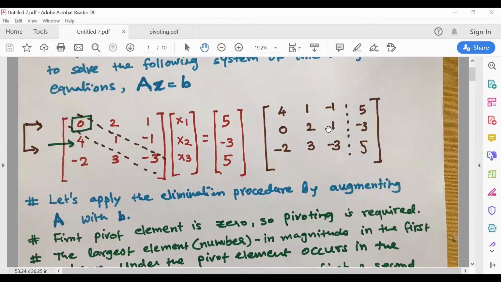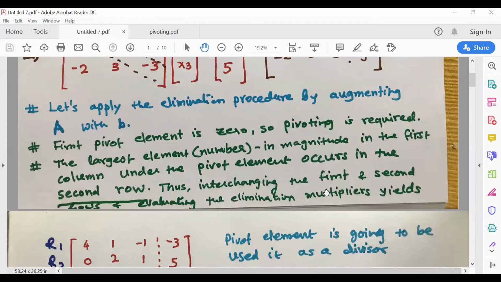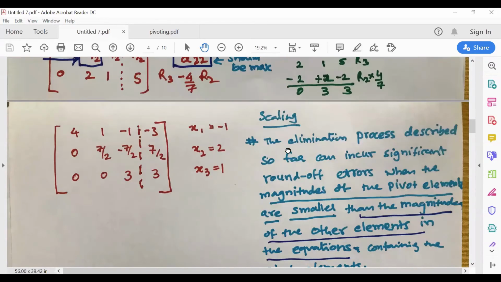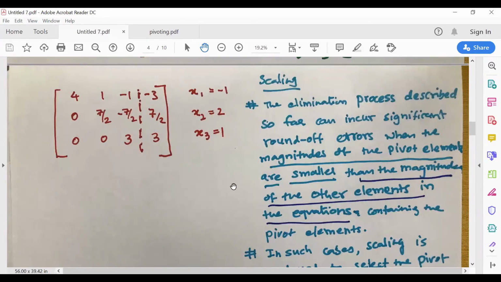Again, I would not say the pivot elements are the largest ones, that we cannot say, right? So what is the logic behind this? Round-off error will again happen if the magnitude of the pivot element is smaller than the magnitude of any other element.